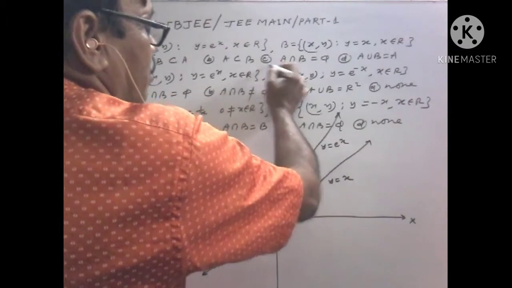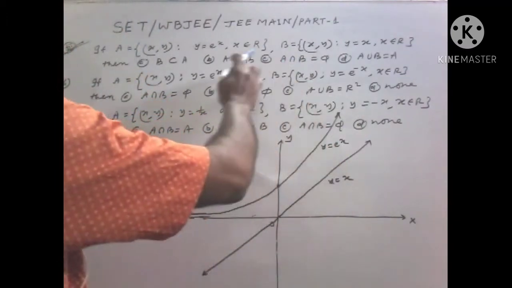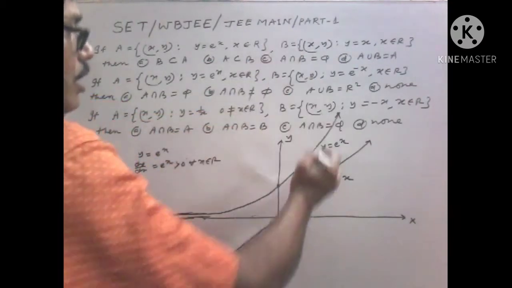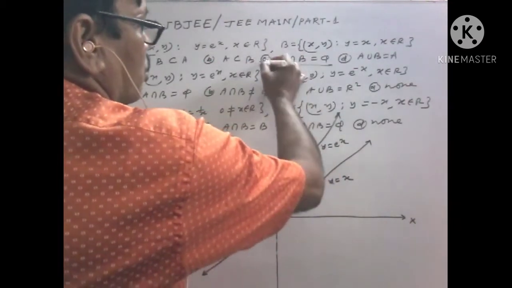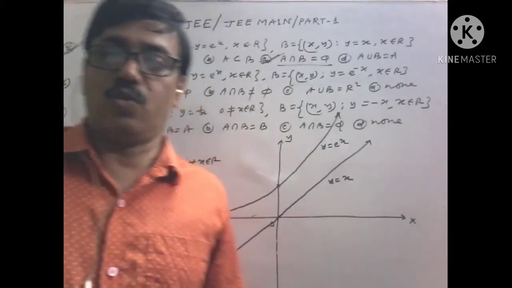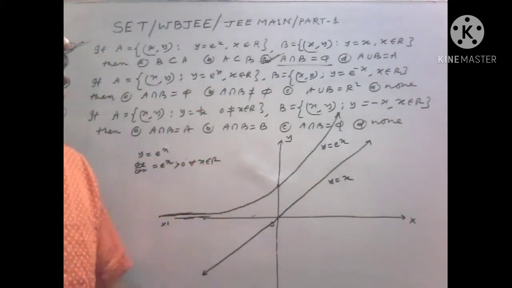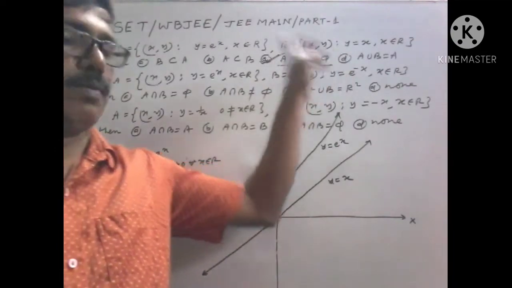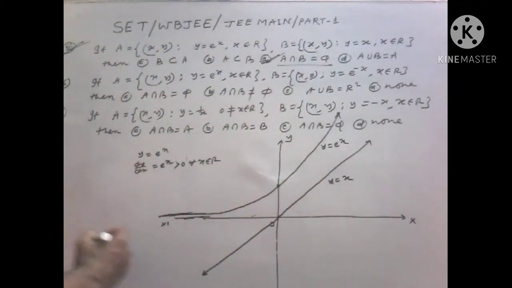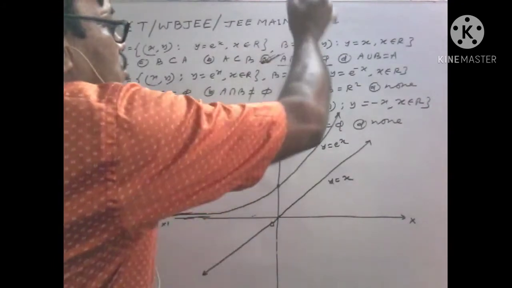The curves A and B do not intersect, so this will be phi. So this will be the possible option: A intersection B equals phi. So using the idea of graph, you can easily solve it.